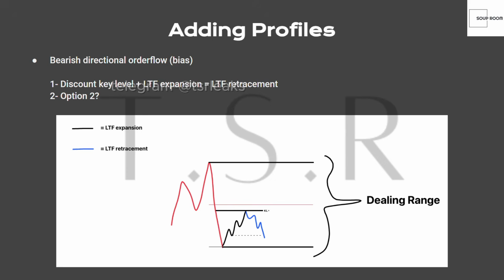This will equal a lower time frame retracement. So we have a key level in a discount market, price is bearish. We have the key level in a discount. On the lower time frame, we will see a retracement towards that key level. Sorry, not a retracement, an expansion towards that key level. Then we will see a retracement coming back down.